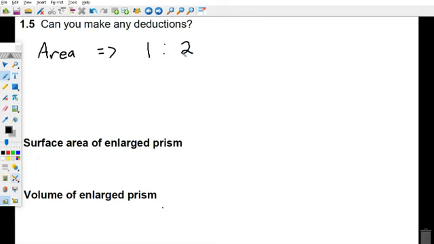The dimensions increase from 1 to 2. Now I have x, and I want to double x. What do I have to do? Times by 2, so 2x. But this is area, so you have to square the whole thing. My area is going to go from x squared to 4x squared. So 1 to 4.